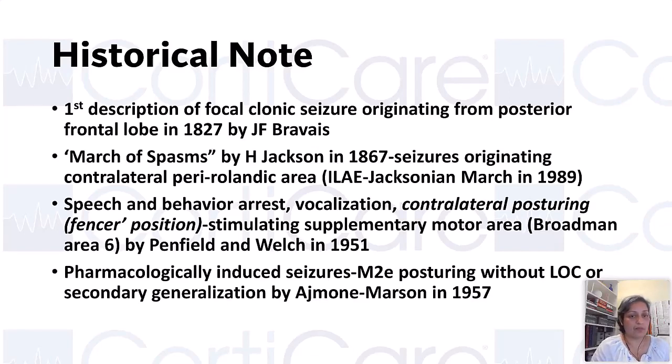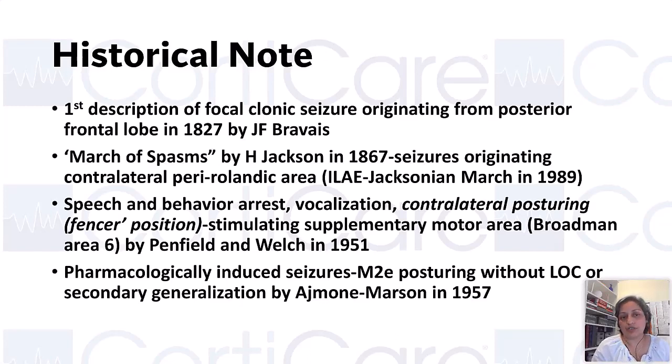A big metal rod pierced his face and came out of his frontal bone. He did survive, but his persona changed completely. That initiated the idea that the frontal lobe is definitely responsible for certain characteristics of a person.